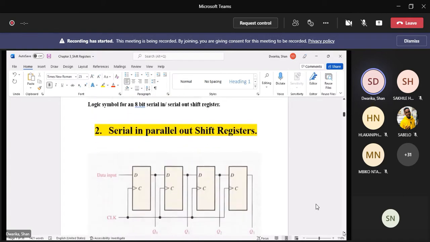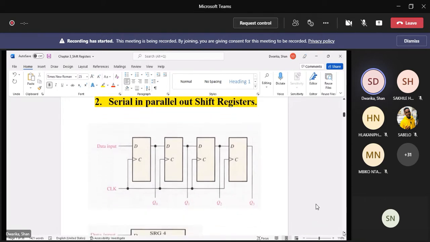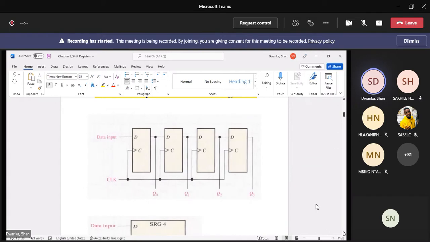The next one we talk about is the serial in, parallel out shift register. You can see by the schematic, you've got 4 D-type flip-flops. Each flip-flop is clocked by a common clock pulse. Data is input into the first flip-flop, and each successive flip-flop has a Q output, Q0, Q1, Q2, Q3, and the output is in parallel.